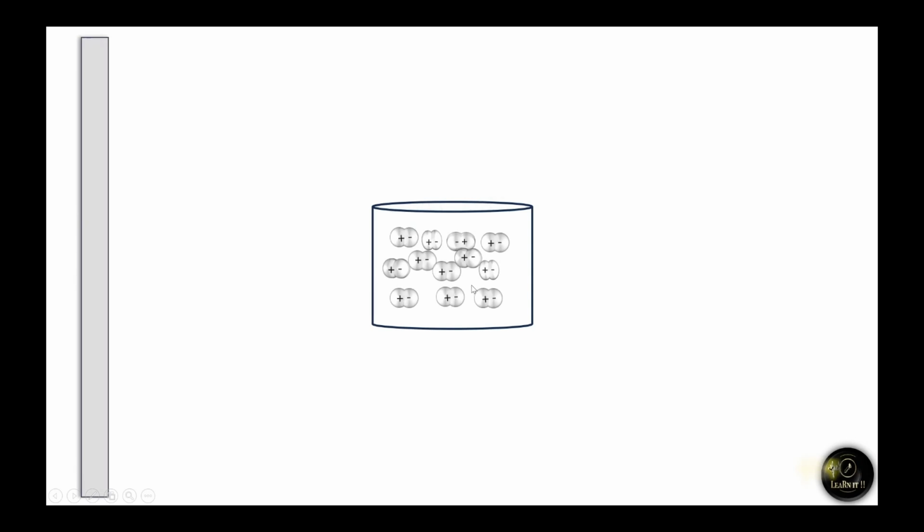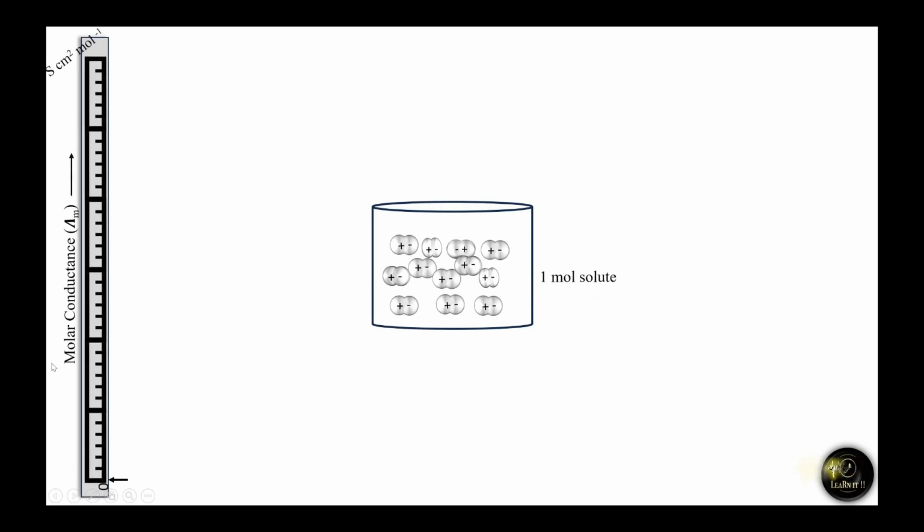So let's look at the variation of molar conductance with dilution with this example. Consider a vessel containing 1 mole of solute. Here molar conductance, lambda m, is given on a scale in the unit of Siemens centimeter square per mole. 1 mole of solute is not containing ions, it is not a solution at all, so the molar conductance is 0.